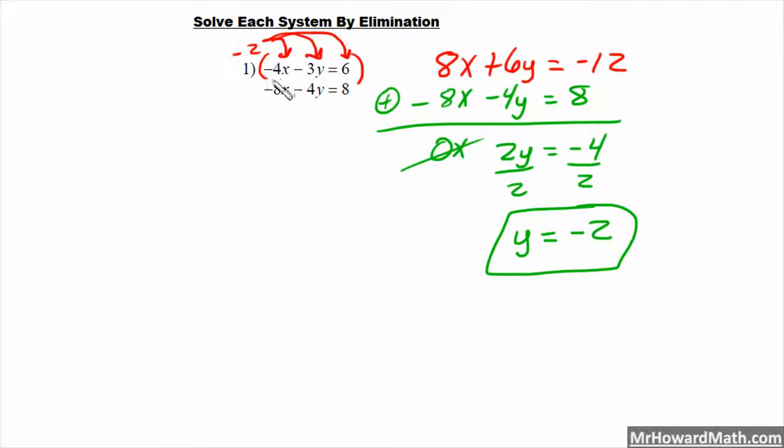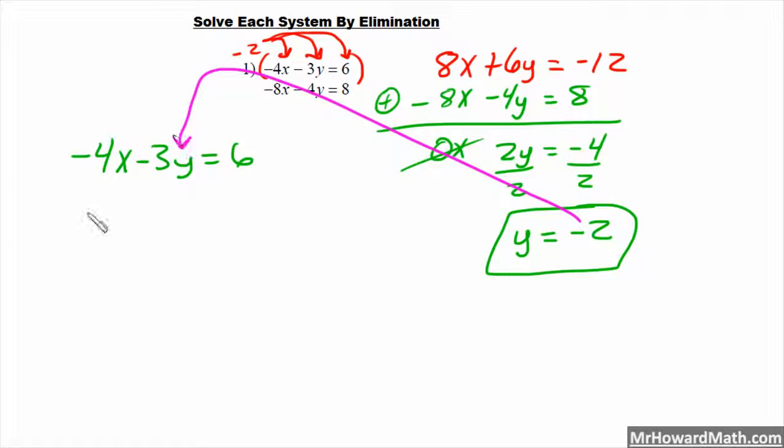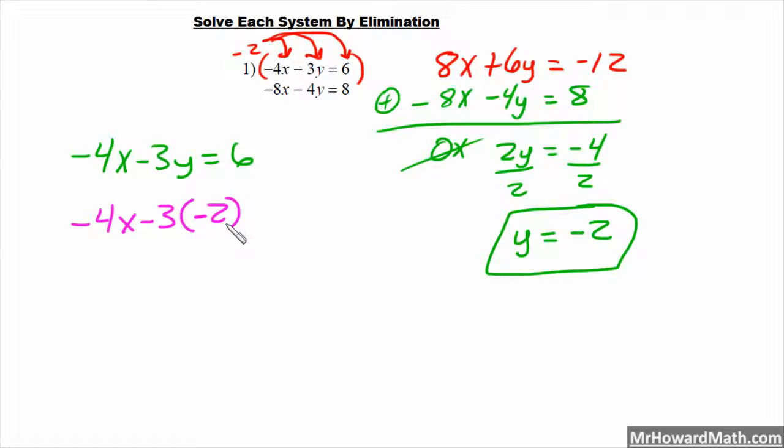So I'm going to substitute it back into that original top equation. So I'm going to write it again here. Negative 4x minus 3y equals 6. Now I know that y is negative 2. So I'm going to substitute in a negative 2 right there and rewrite this. So negative 4x minus 3 times negative 2 equals 6.